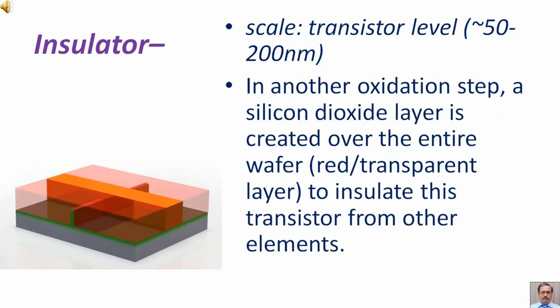In another oxidation step, a silicon dioxide layer is created over the entire wafer, shown as red transparent layer, to insulate this transistor from other elements.